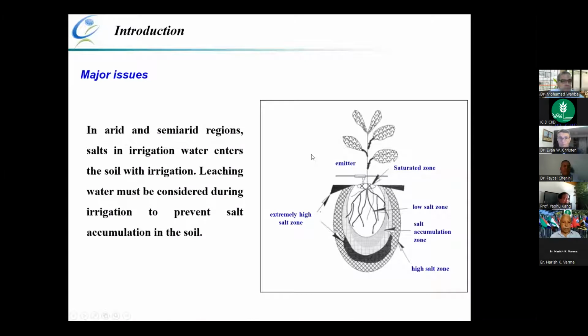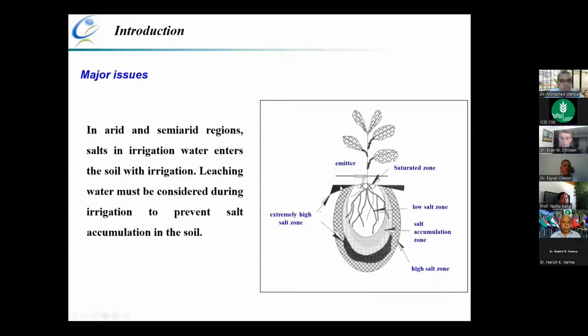The other issue is that in arid and semi-arid regions, salt in irrigation water enters the soil with irrigation. So leaching water must be considered during irrigation to prevent salt accumulation in the soil.